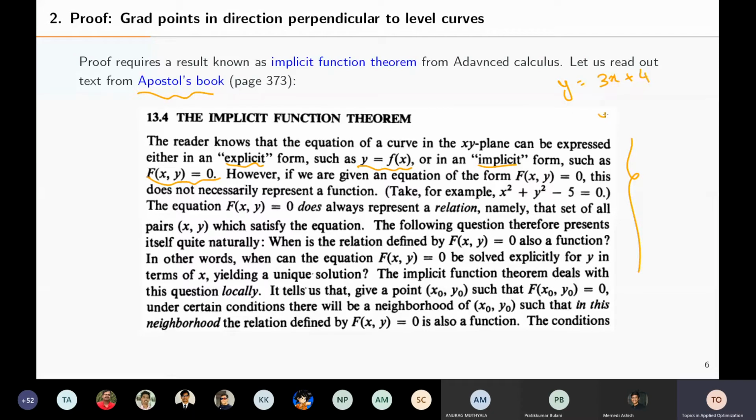But another possibility is to write it as y minus 3x minus 4 is equal to 0. So then I write this as f(x,y) is equal to 0. Okay, so this is the implicit form and this is the explicit form. Okay, but the important thing is that explicit form can happen only in some cases. I mean, it's not possible to write in explicit form all the time. Okay, so let us see how.